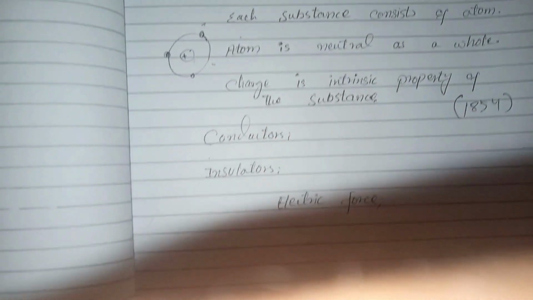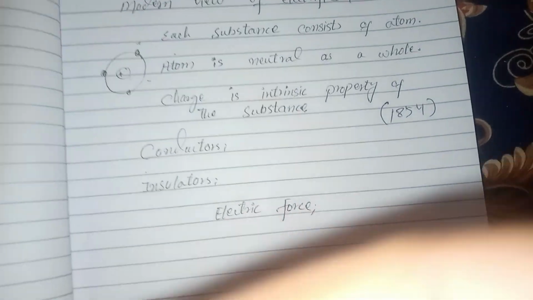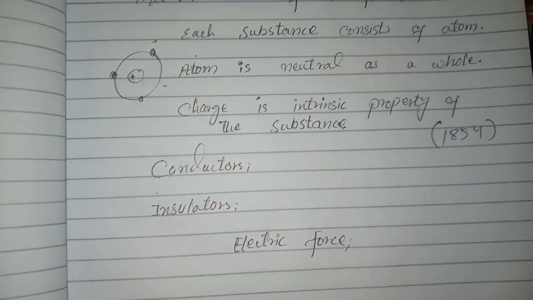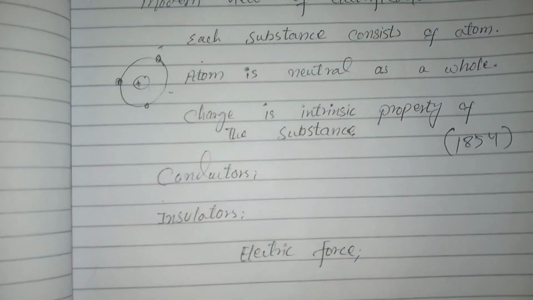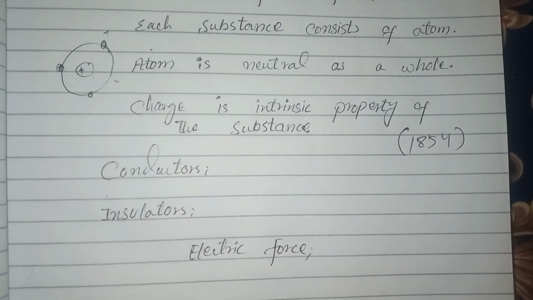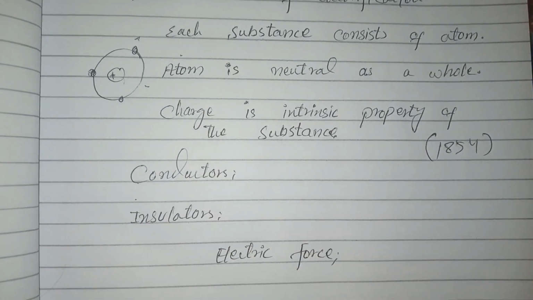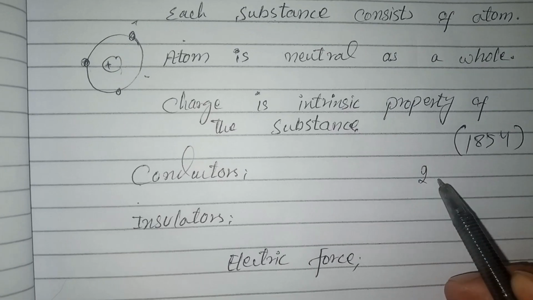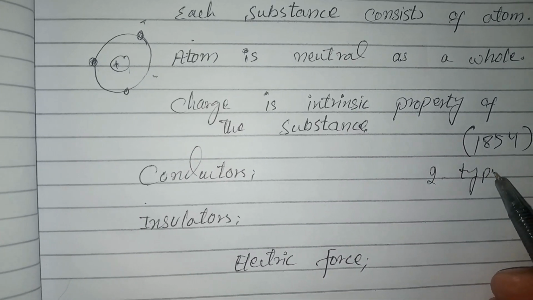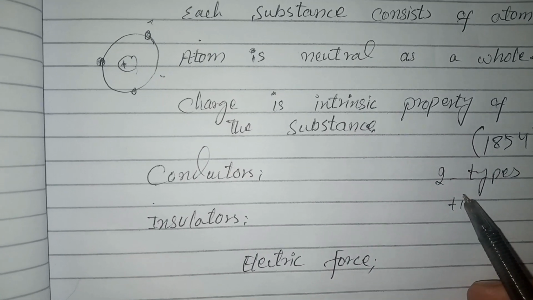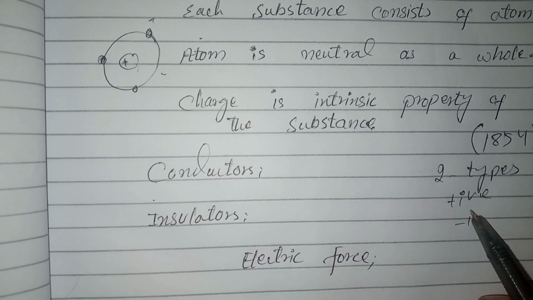While talking about all these things, you should keep a few things in mind: charge is an intrinsic property of the substance, and there are two types of charges, positive and negative.